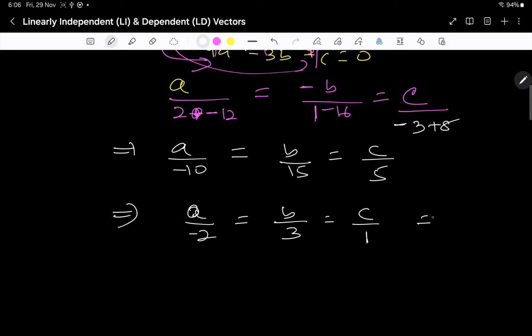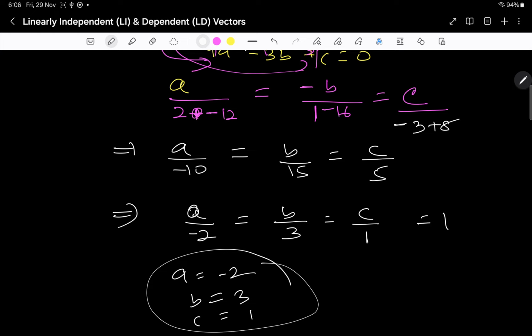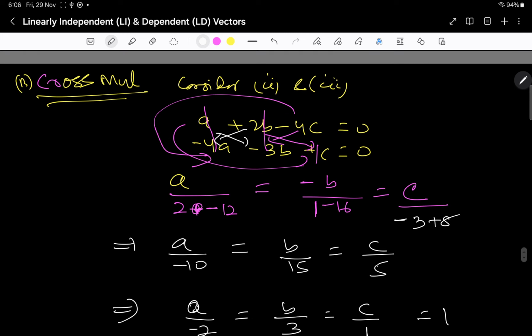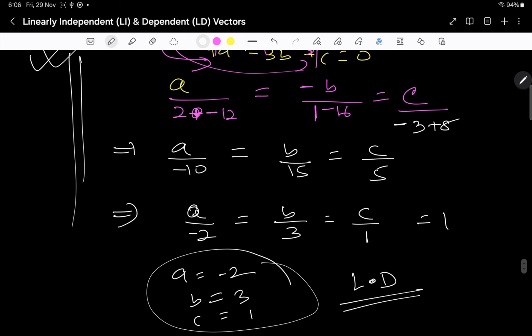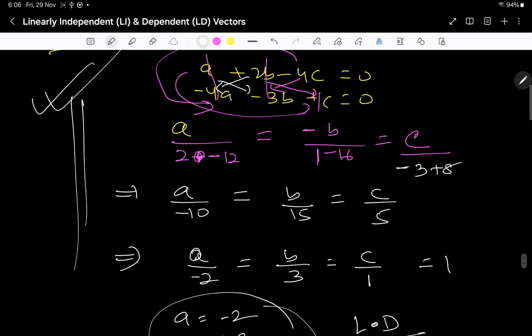If I equate it to 1, since these are proportional, a is minus 2, b is 3, c is 1. Not necessarily 0, so the system is linearly dependent. We should prefer this cross multiplication technique.